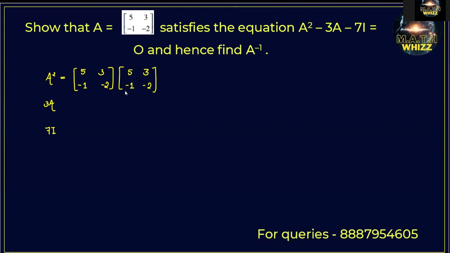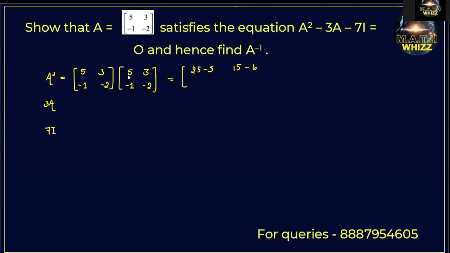Rows will get multiplied with columns. So 5 times 5 is 25, and 3 times minus 1 is minus 3. 5 times 3 is 15, and 3 times minus 2 is minus 6.